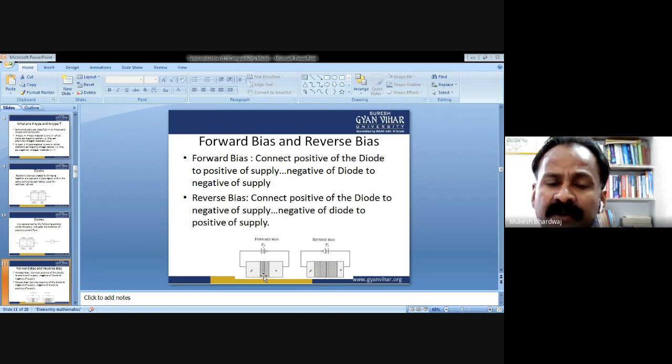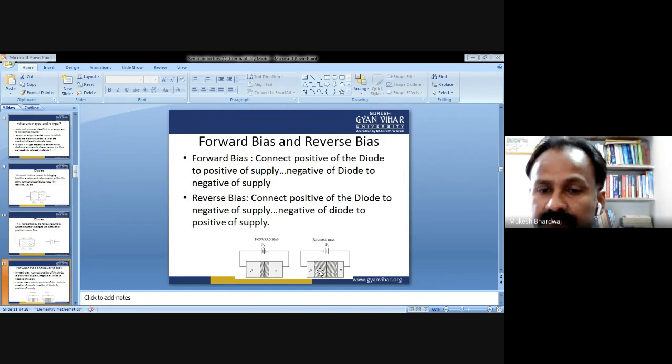In forward bias, the depletion width is very small, so electrons from the n side can cross to the p side, and holes from the p side cross to the n side, and the current starts flowing.